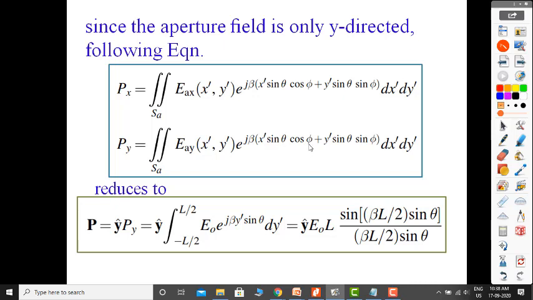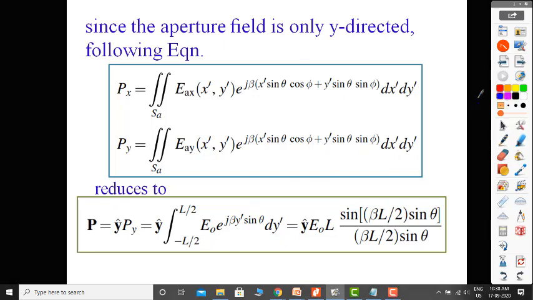When you put phi as 90 degrees, cos phi becomes 0, whereas sin phi is maximum, 1. Therefore, e raised to j beta y prime sin theta dy prime, because it is a one dimensional problem where the limit is along the y axis. Now, you solve the integral.